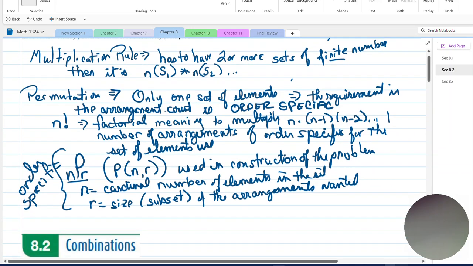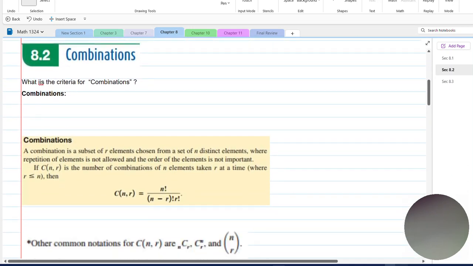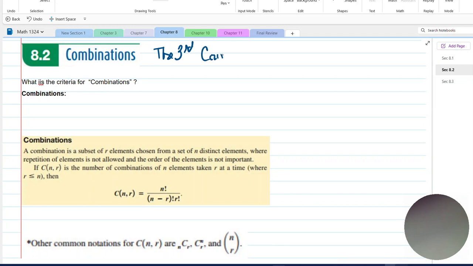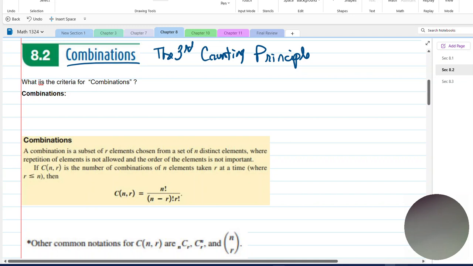All right. So now we're getting into a third counting principle. This third one is called combinations or groupings.